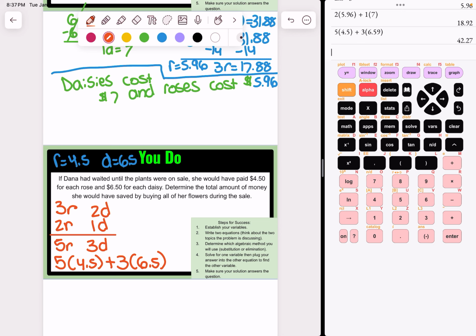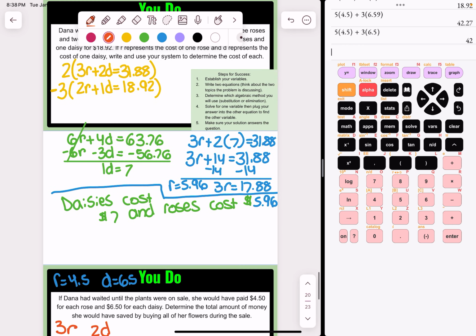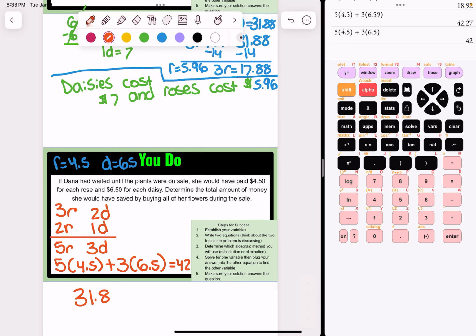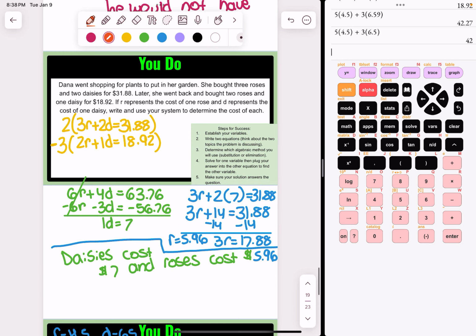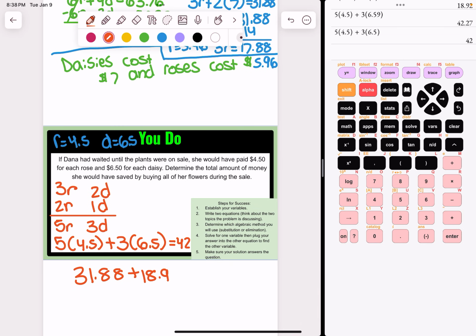That would mean that with this new price, she would spend... I typed something in wrong. She would spend $42. Right now, let's see how much she spent. First, she spent $31.88 plus her $18.96 gives us $50.84.